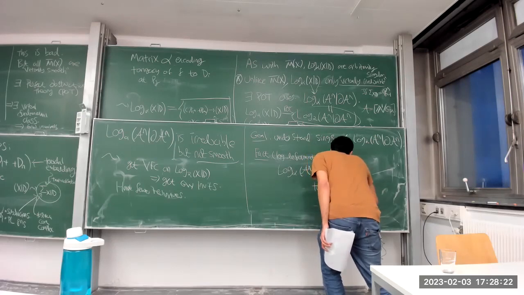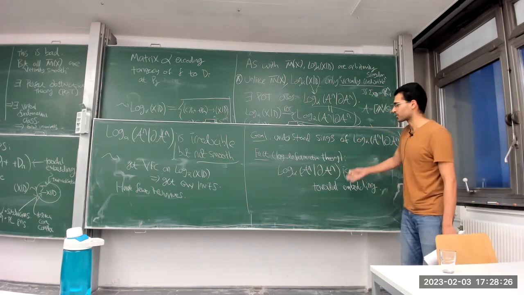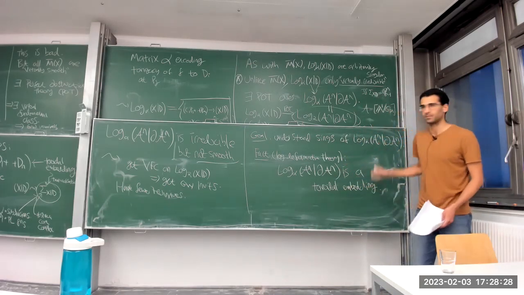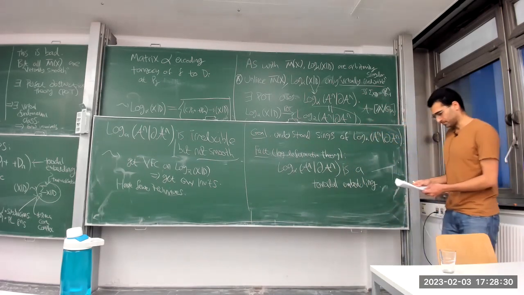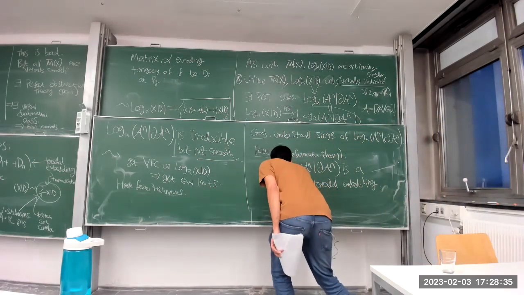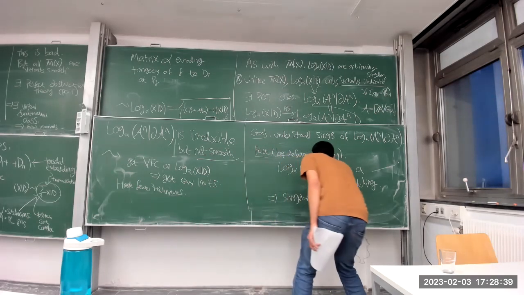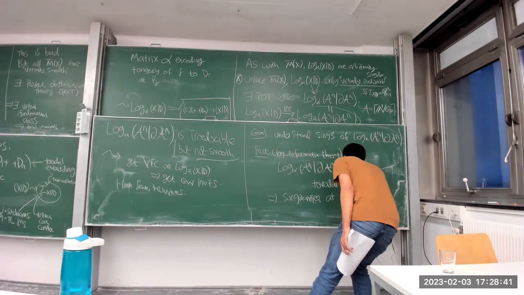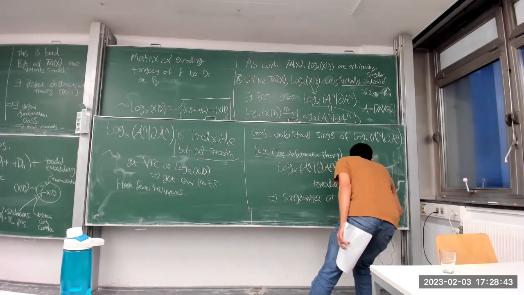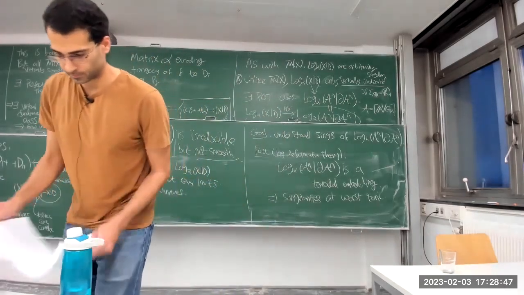I mean, it's an Artin stack, but it's as close to being a toroidal embedding as an Artin stack could ever be. And so what that means, of course, is that its singularities are at worst toric. So now I can state the theorem.